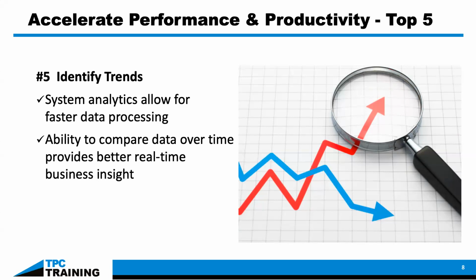Next is the ability to compare data over time. Again, with paper, very difficult to do this. And we have a client whose current process was to lay out the last 7 days of an inspection. This was in a plant environment, so inspecting equipment at a plant.